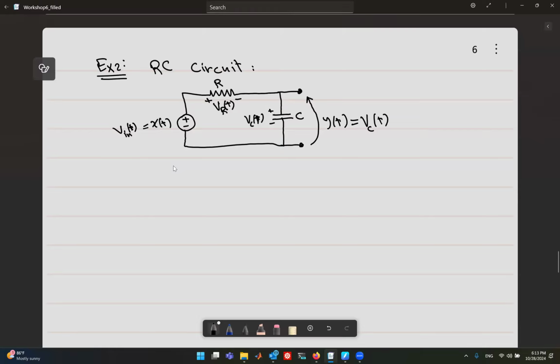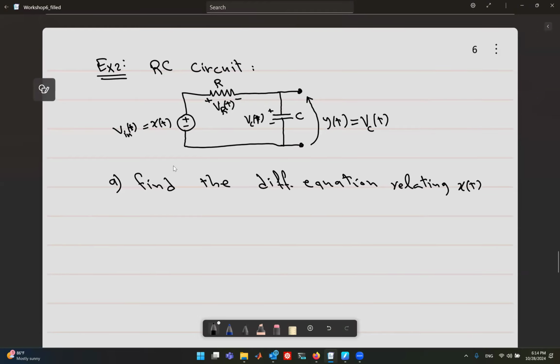So what we are asked to do here is find the differential equation relating x(t) and y(t). So x(t) is the input here, y(t) is the output.